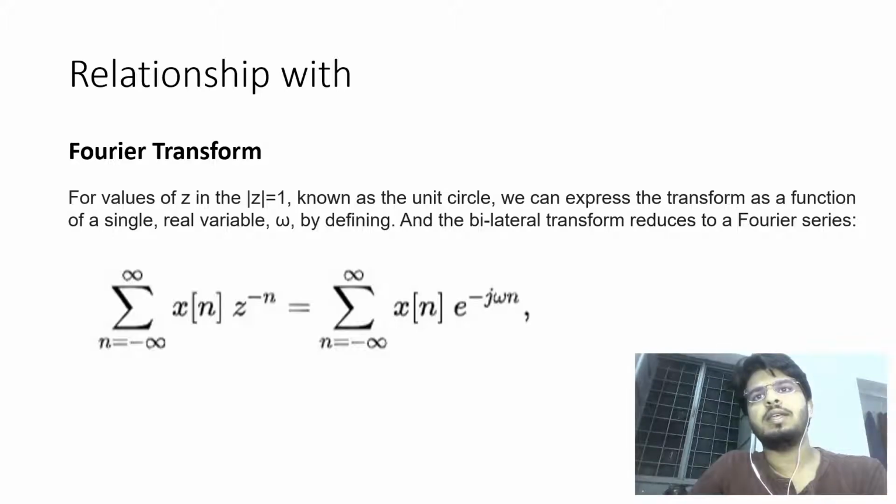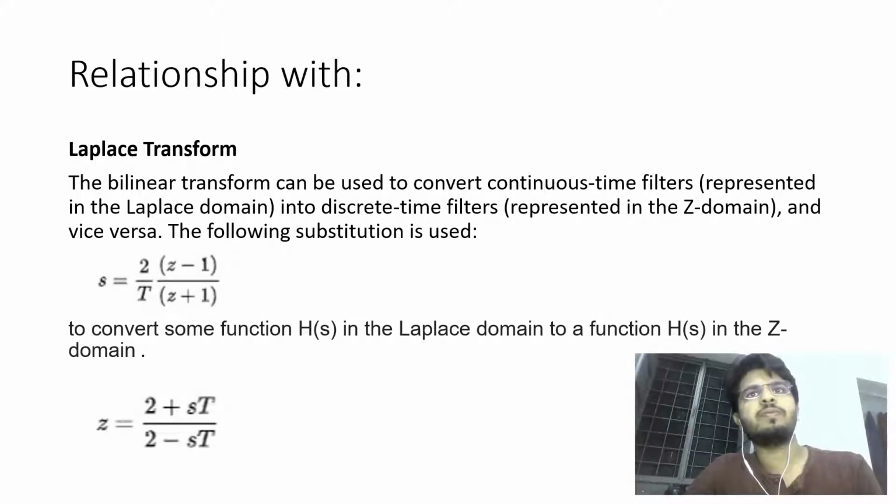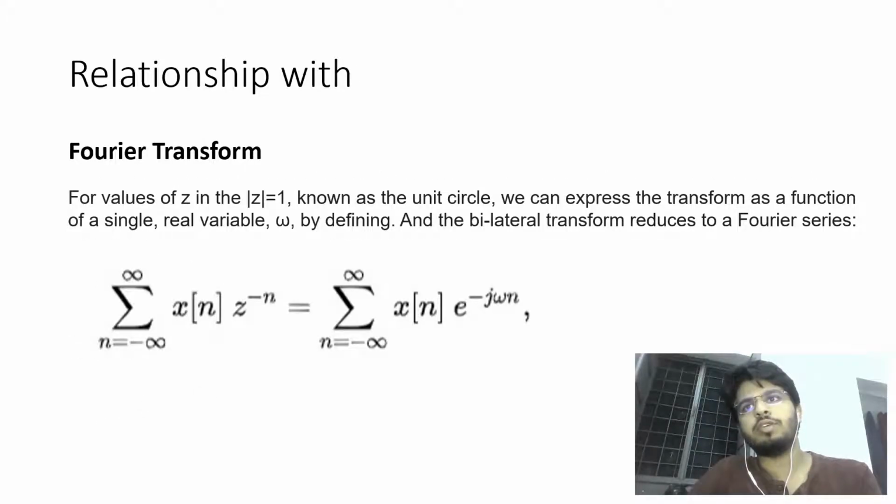As we can see, here on the left hand side we have the Z transform, and if the magnitude of the complex number is 1, then it turns into a discrete time Fourier transform. So these are the two main relations of Z transform, its relationship with the Laplace transform and the Fourier transform. So yeah, that's it. Thank you.